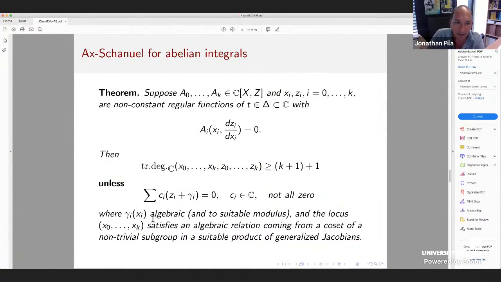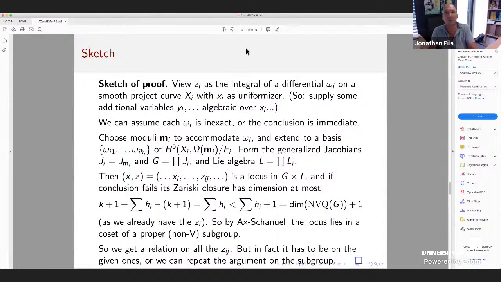And somehow we can't assume here that the CI's are rational numbers because I haven't normalized these abelian integrals in any way. Well, somehow if you can prove that they're actually algebraic numbers, but without normalizing them, you can't know how the coset structure is described. Anyway, so that's the theorem, and here's a sketch of the proof.